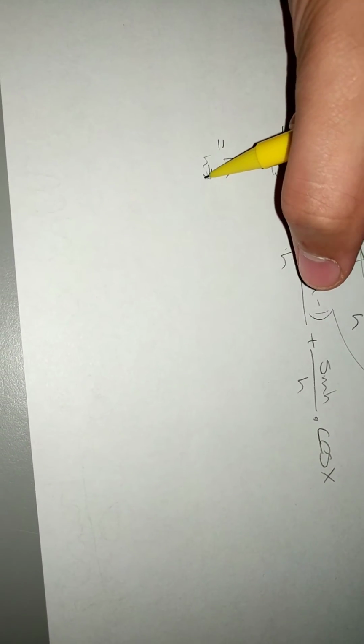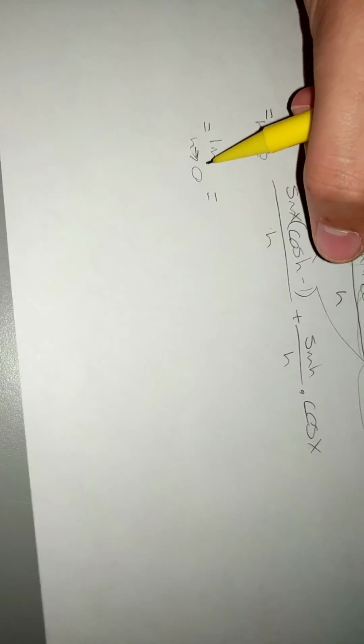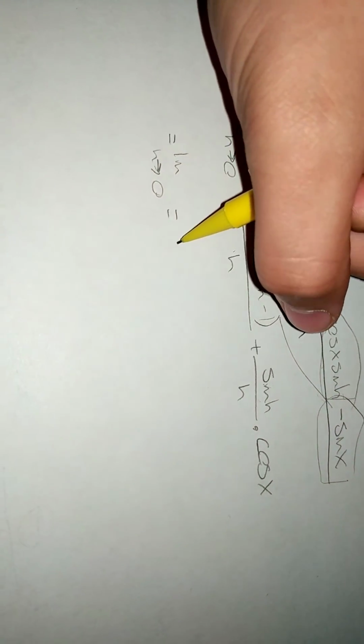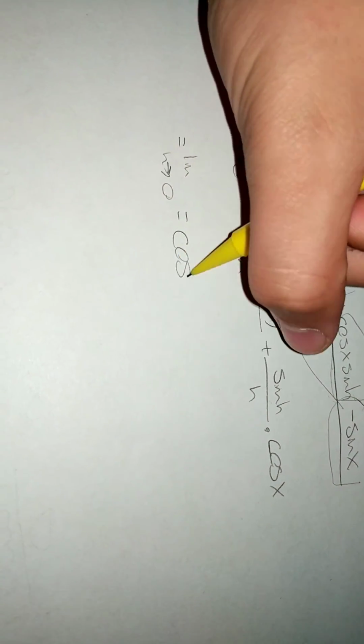And now we know that for lower and lower values of h, this function will become close to 0. So this is equal to the limit as h approaches 0 of, now we have 0 plus sine of h over h, and that by definition is equal to 1, so it's 1 times cosine x.